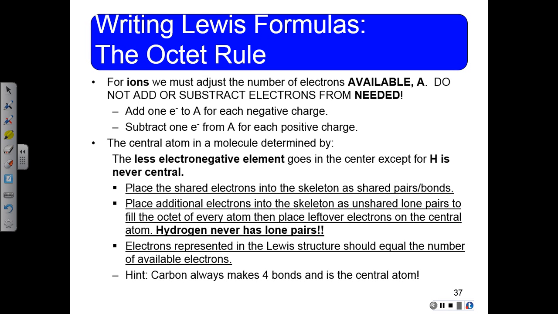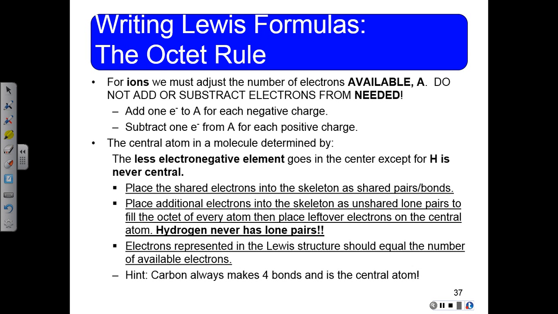Once you draw your structure and you have it all drawn out and you've shown all your electrons, you can check yourself: whatever you represent in your Lewis structure, if you have 8 valence electrons, then you should have 8 here. They should match up. For S, this is shared.